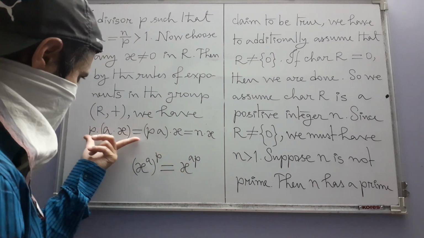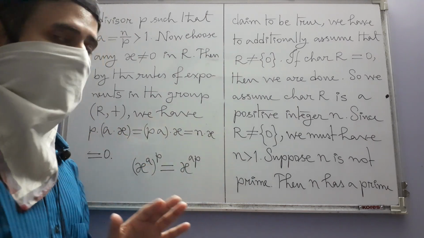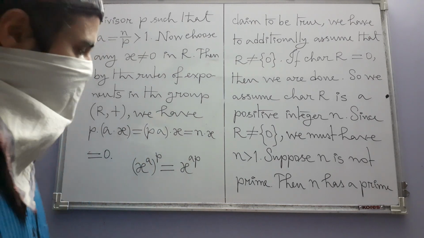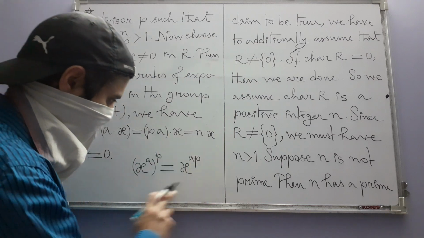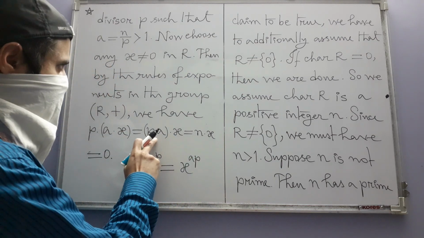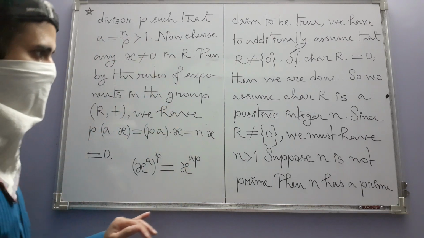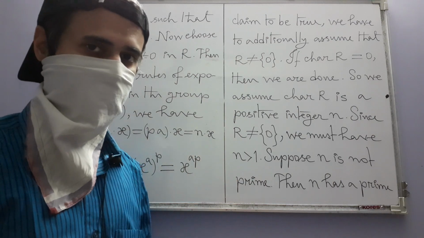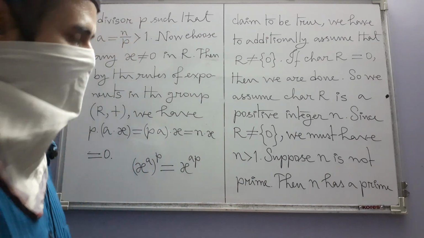So what you are looking at in these equations are actually integral powers of group elements. So that's how we have, using this rule of exponent, this. But then pa is of course n, and nx is 0 because n is the characteristic of the ring. So n dot x is 0 for any element x in R.